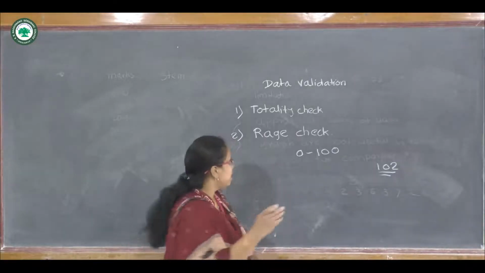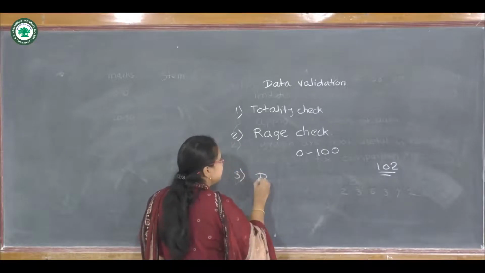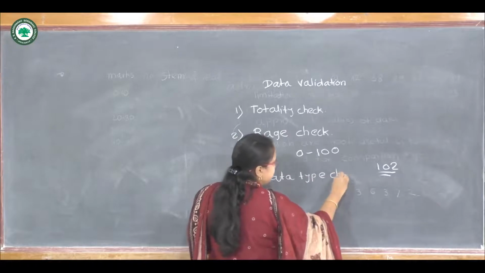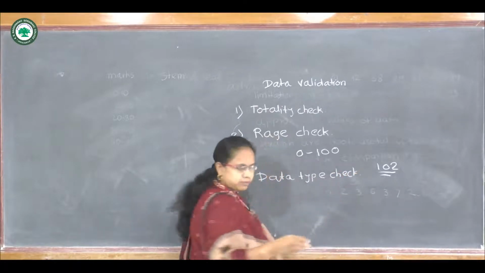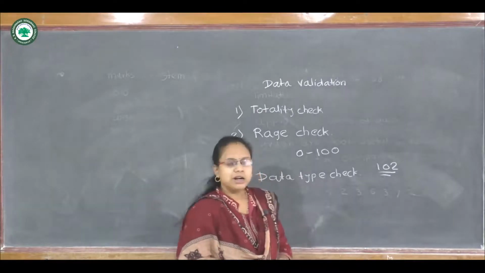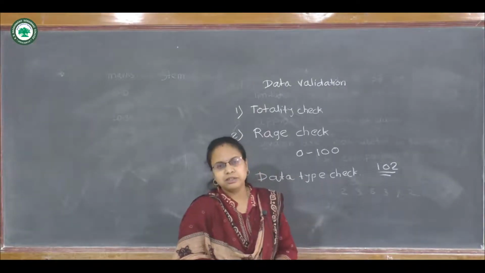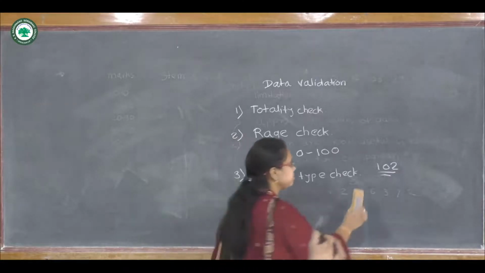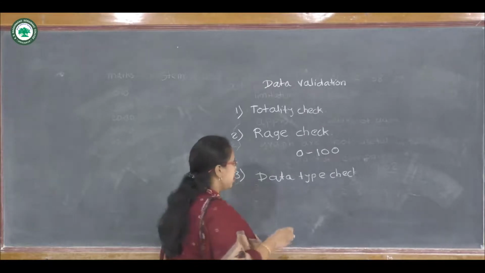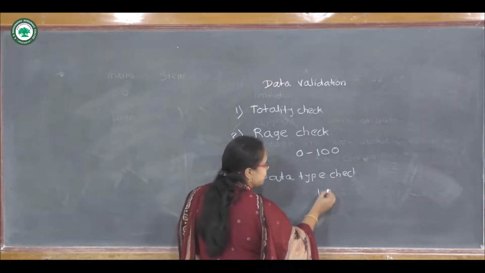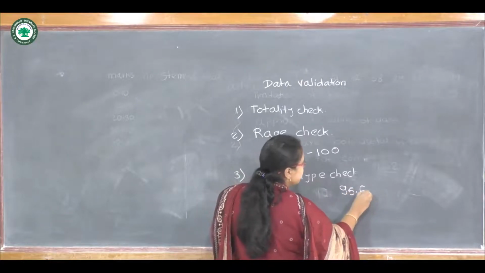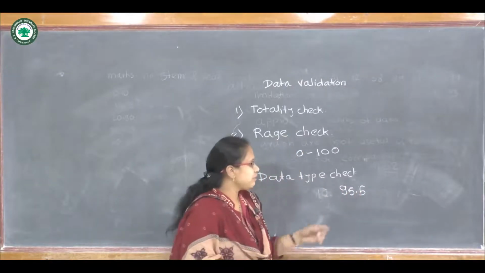This is the data type check. So the next is data type check. Suppose we are given that there are 100 students in a class, and this is the given information, and if the number of students we got is 95.5, this is wrong, because this is a fractional number.